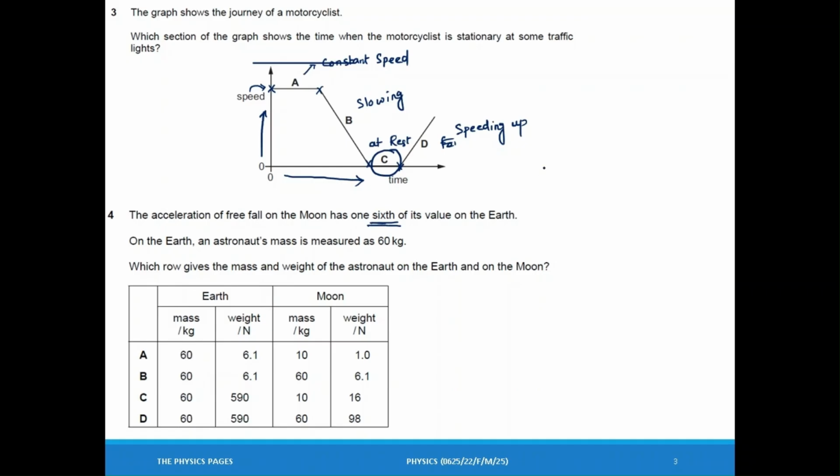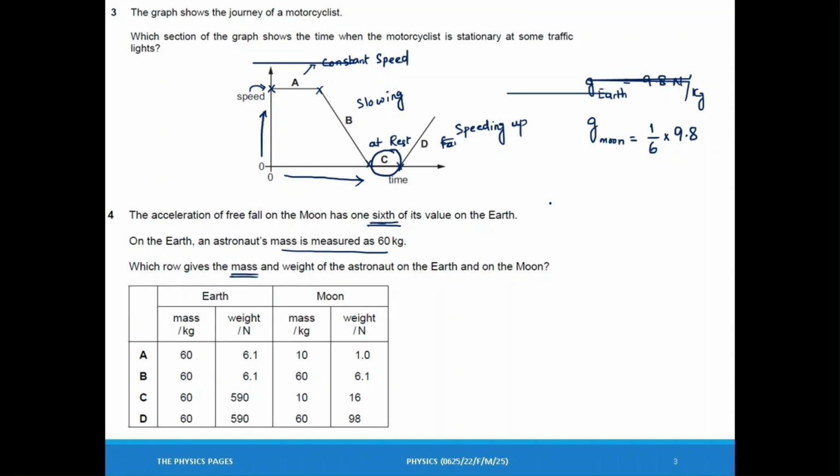We know that gravity on the earth, I am saying g_E for the gravity on the earth, is 9.8 newton per kilogram, whereas on the moon we simply say this is one sixth of gravity on the earth. Okay, now on the earth, astronaut mass is measured 60 kilogram. Which row gives the mass and the weight?